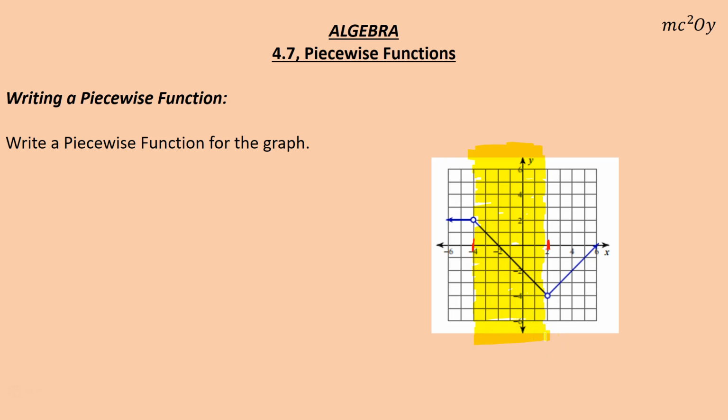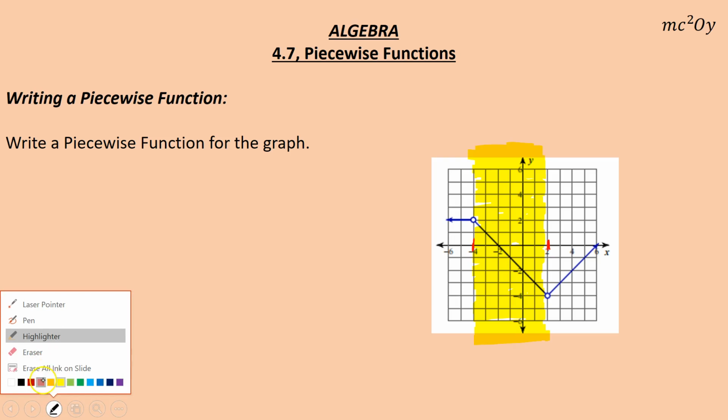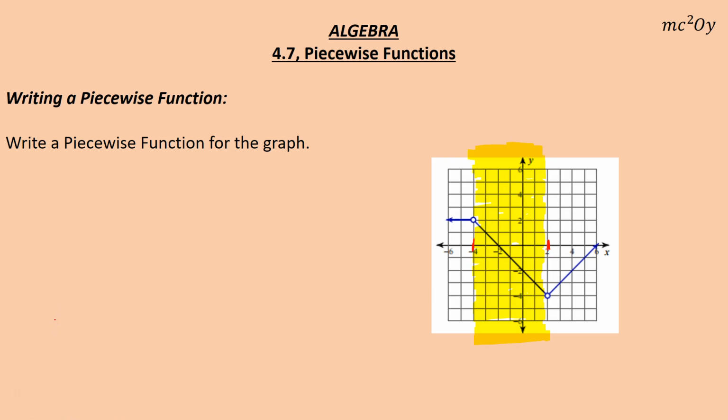Okay. So notice from here, I now have this chunk right here where it's broken. It's broken on this side. X is at -4. It's getting smaller, and it has an open circle, so no equal to.